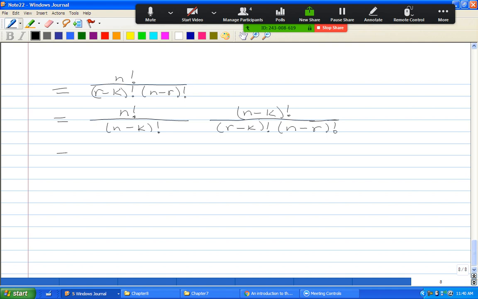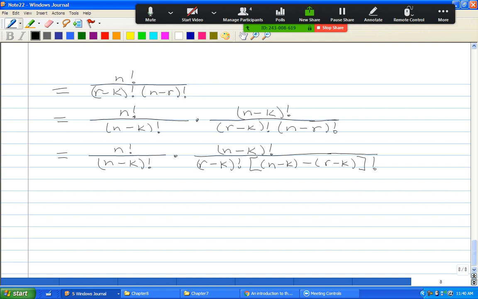So this is equal to N factorial over N minus K factorial times N minus K factorial over R minus K factorial times, well, subtract K from both N and R. That won't change the difference.